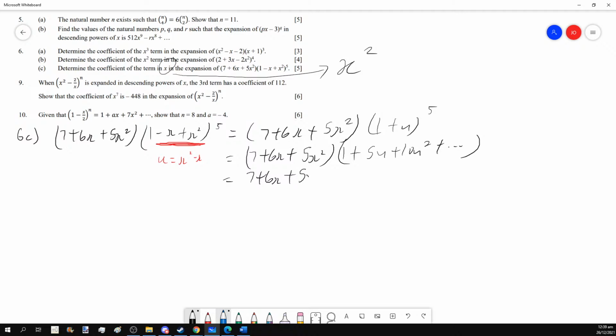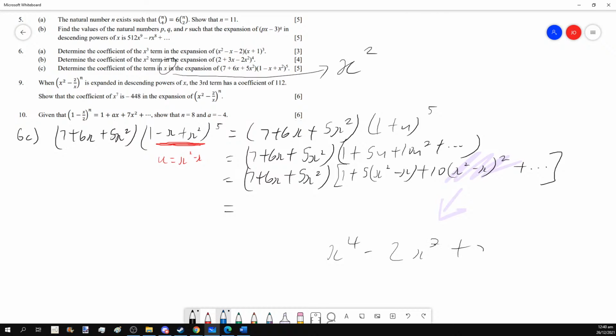Once we have this, we can go on to replace the u, right, with the actual object. And once again, we need to be aware of what is relevant over here. In this case, if you look at this guy, you will notice that he actually turns into x to the power 4 minus 2x cubed plus x squared.